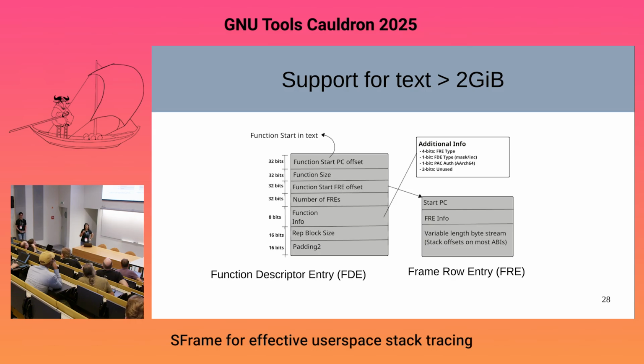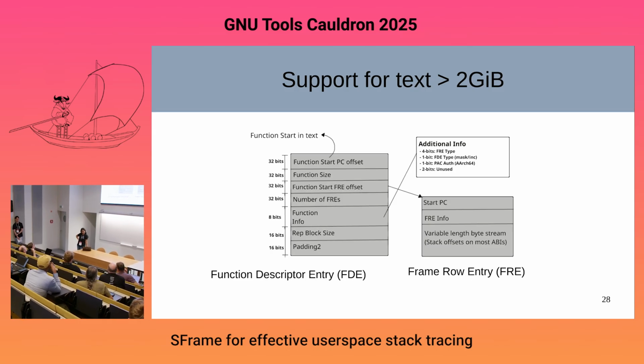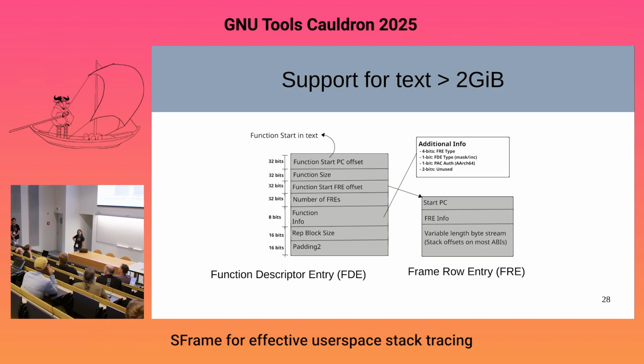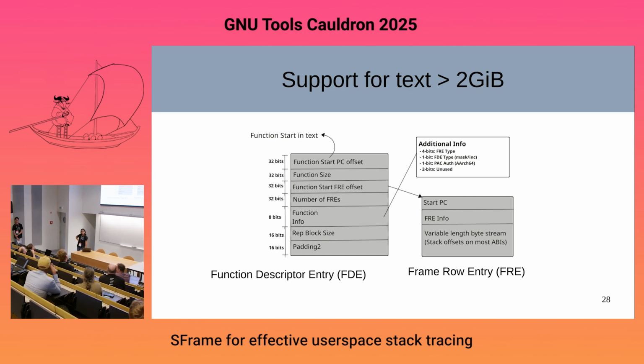So why do the FDEs need to be in any particular order? They refer, as far as I see, to the function by a number that basically represents the function by the program counter, and then it's self-contained. Yeah, but it is an index.